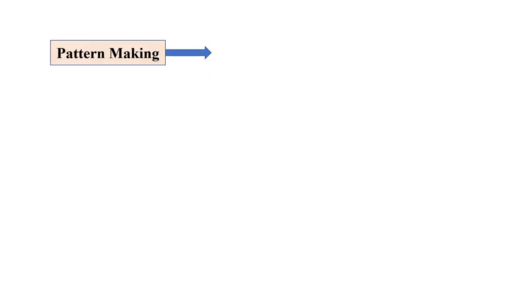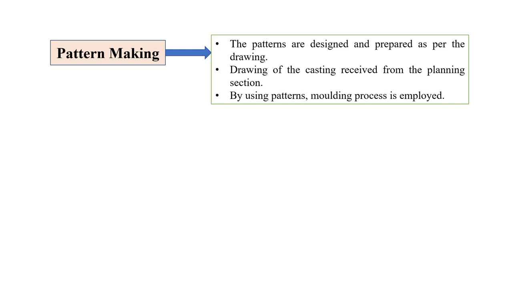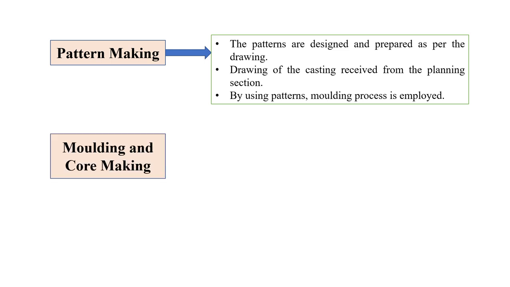Now we can discuss in detail all the five stages of the casting process. In the pattern making, the patterns are designed and prepared as per the drawing received from the planning section. Then the pattern is sent to the molding section.